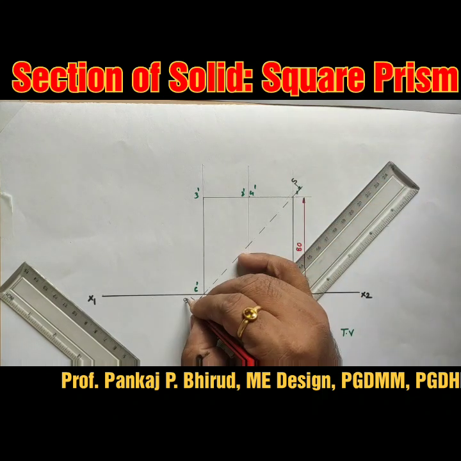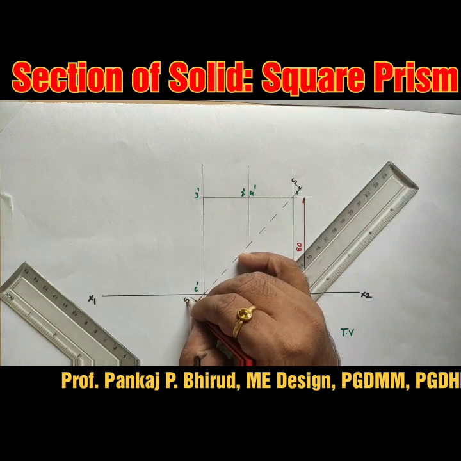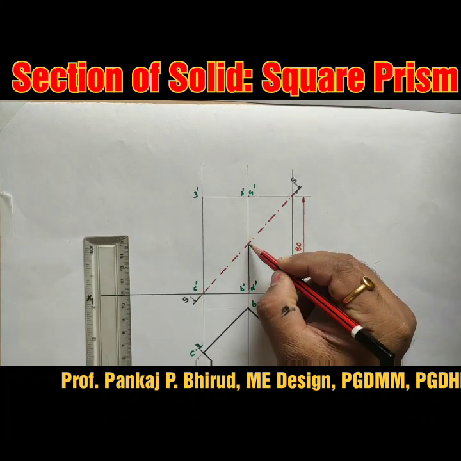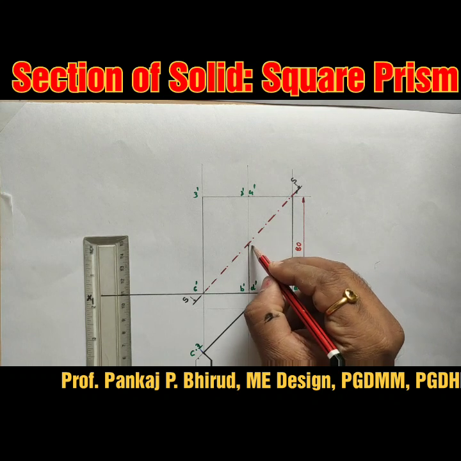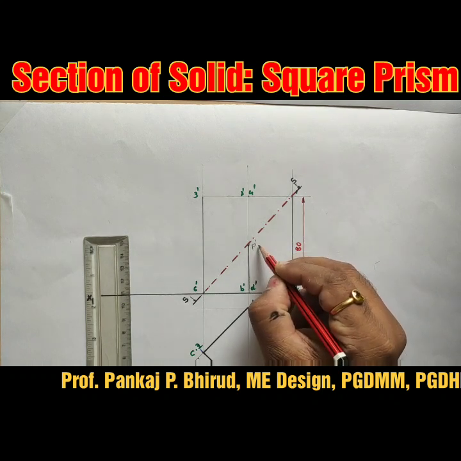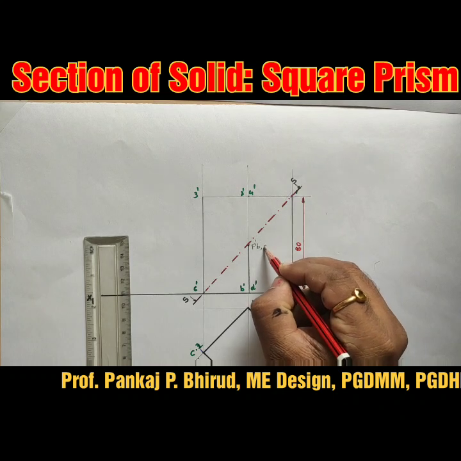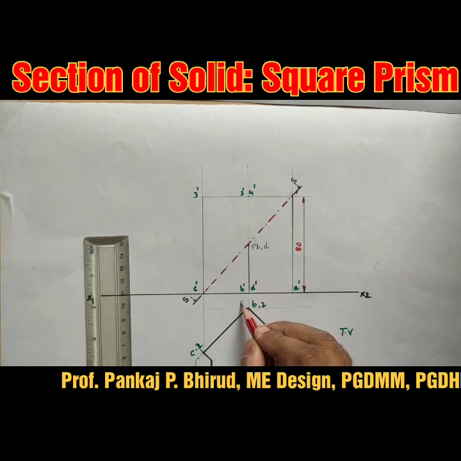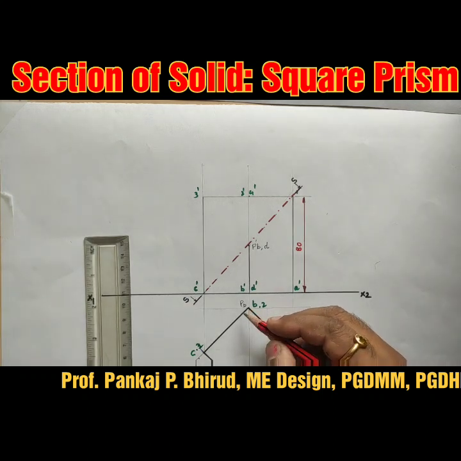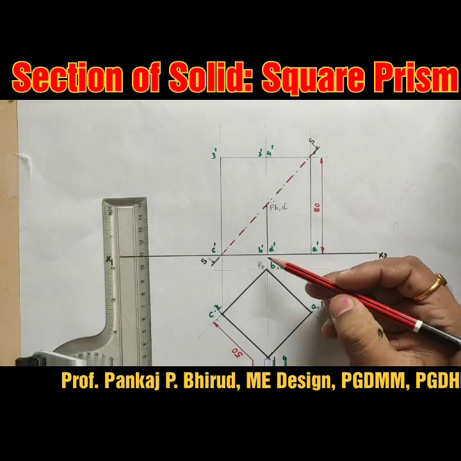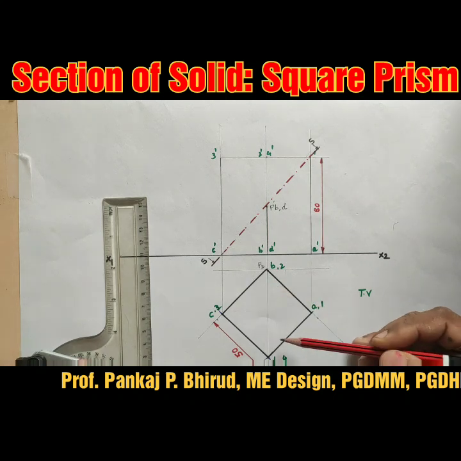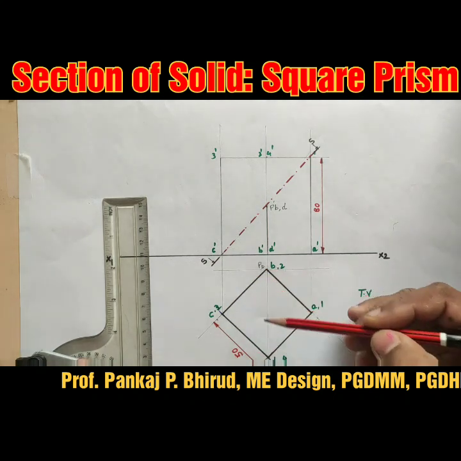So this is our section plane which is cutting the prism. Now label these points, that is P dash, B, D. So it is PB and PD. Now join all points of intersection in the HP in sequence to get the sectional top view. So here we will get the sectional top view.